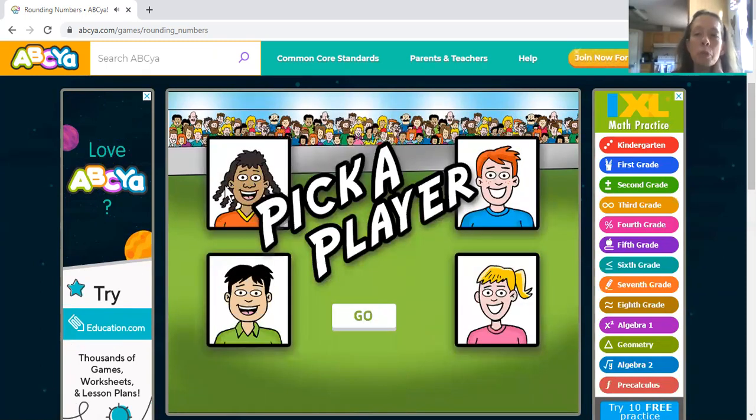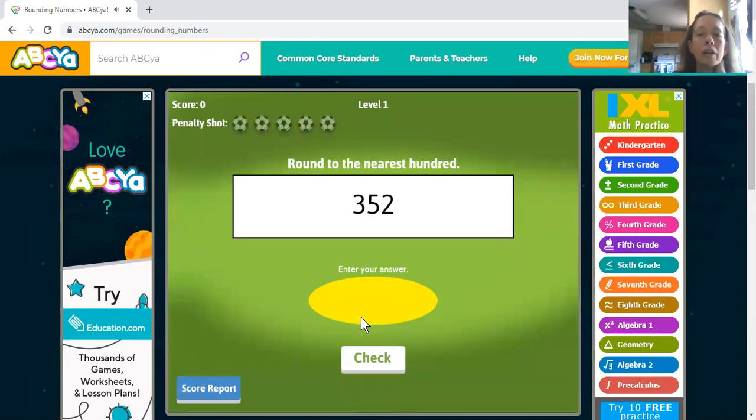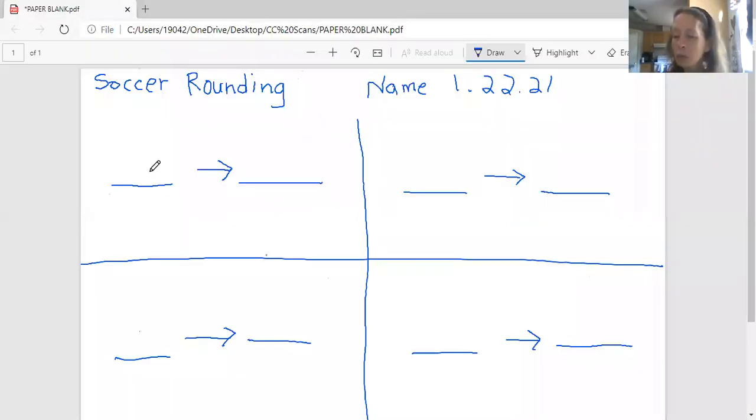And here we go. Let's pick a player. Let's pick this guy right down here. And we've got our first number up here. Our number is 352. This is the number we're going to write on our paper. So let me get a new share and pull my blank up. Hope this works well. So in here, we need to write 352.